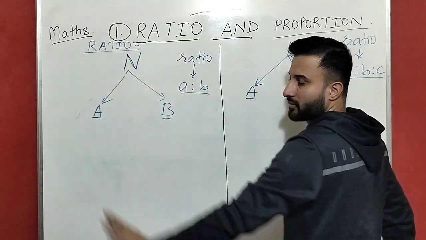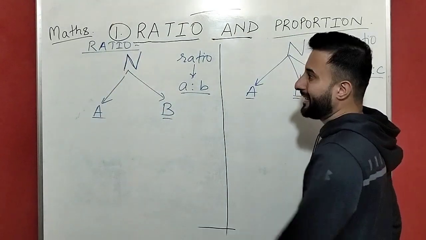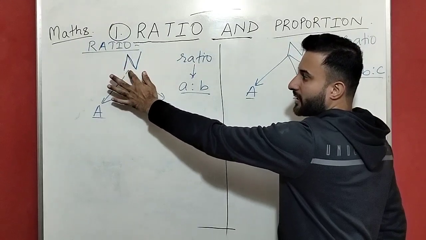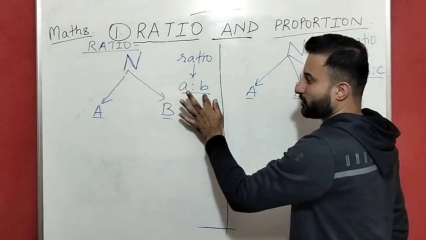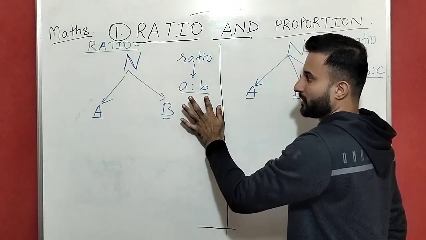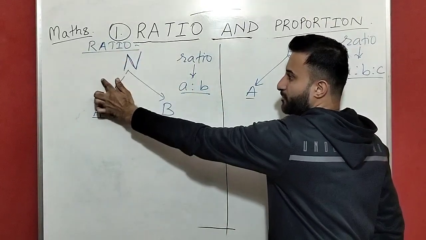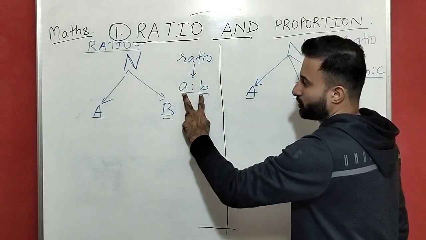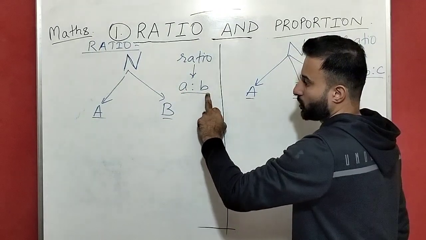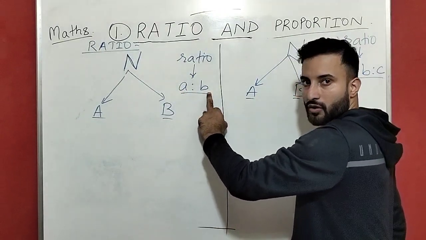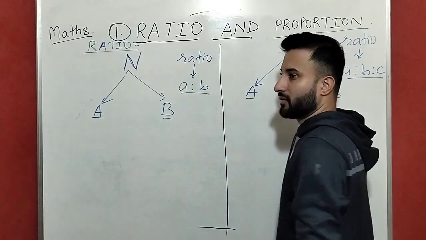Suppose any number, say 500, is in the ratio 2 is to 3. This number 500 is going to divide into how many parts? 2 parts, because 2 terms are there.